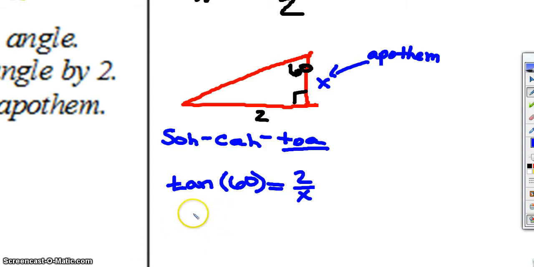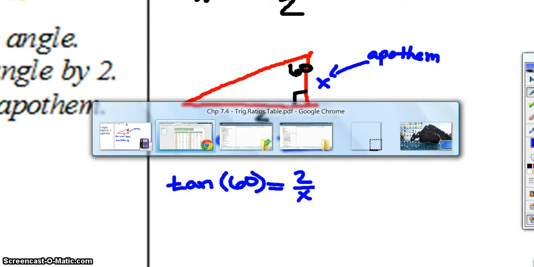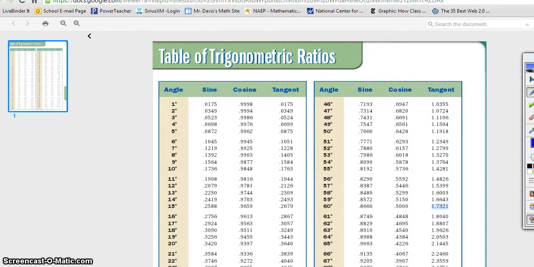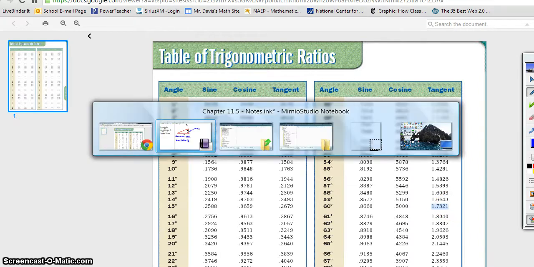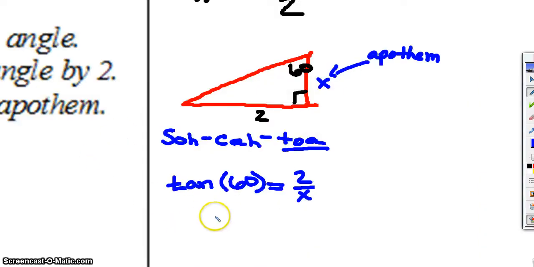So we're going to go to our trig chart. I don't know if you remember that, but we have to go back to our trig chart and look for the tan of 60 degrees. I have it highlighted as 1.7321. So tan of 60 is 1.7321, and that equals 2 over x.